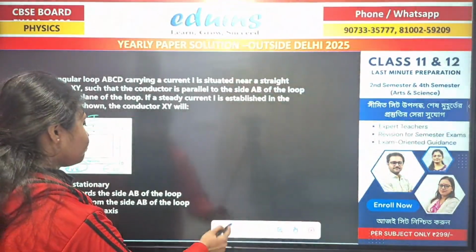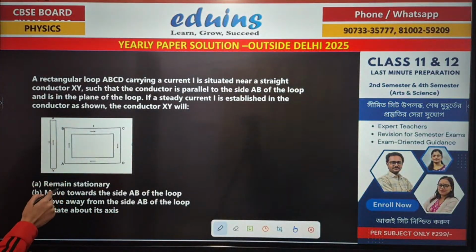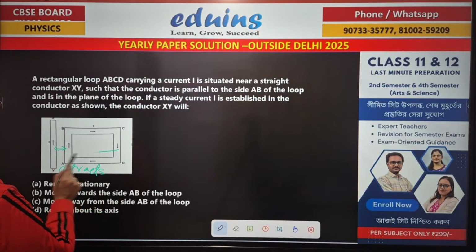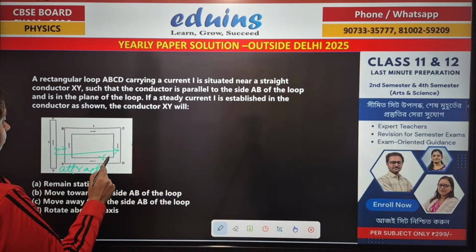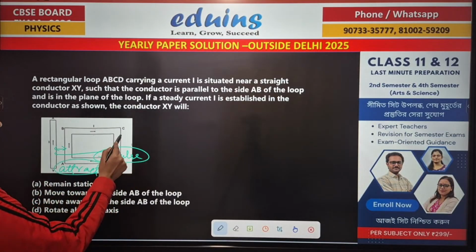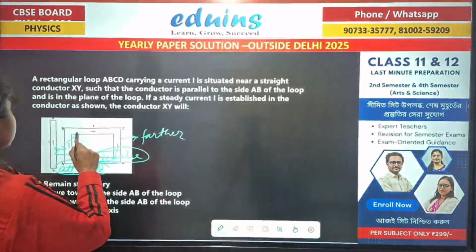Now, this side AB and XY attract each other, and this side repels it. So, this is the further side, and this is the nearer side.